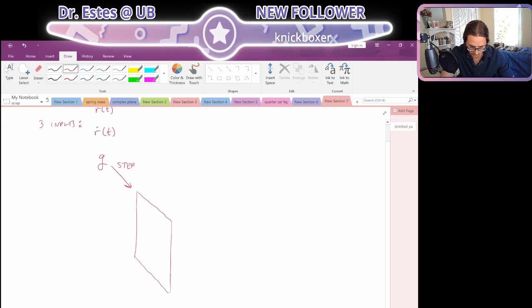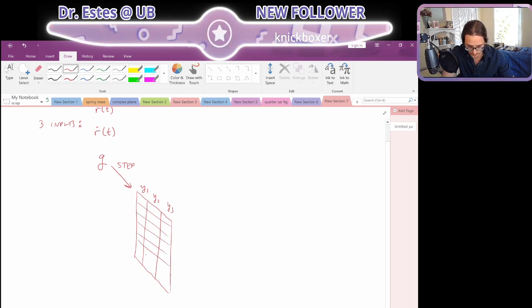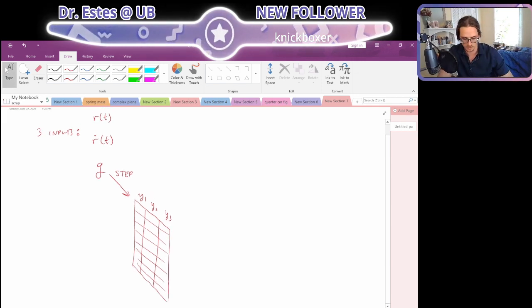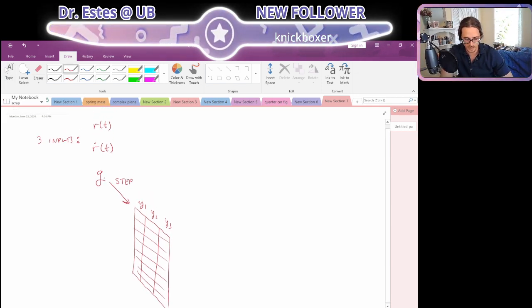We'll see if this works. And it's going to give my first output, in this first column, Y2 and Y3. And then it has 1 row per time instance. So a step just from G generates a 2-dimensional matrix.